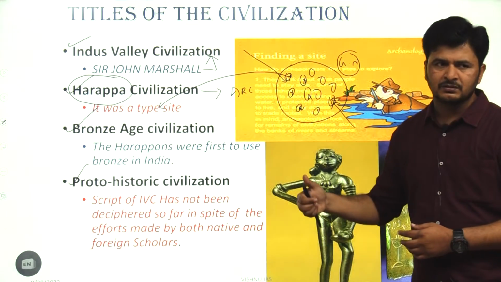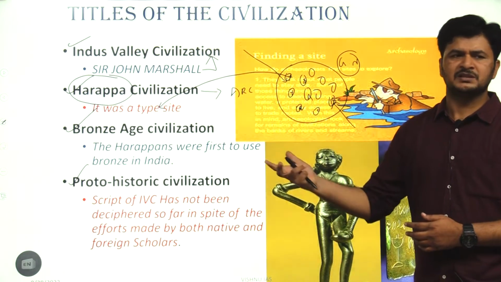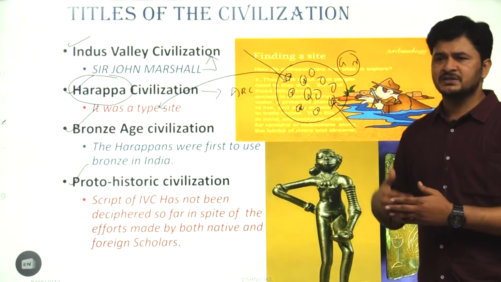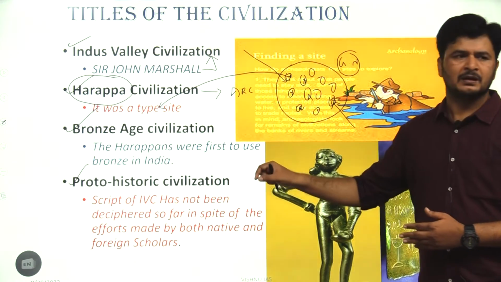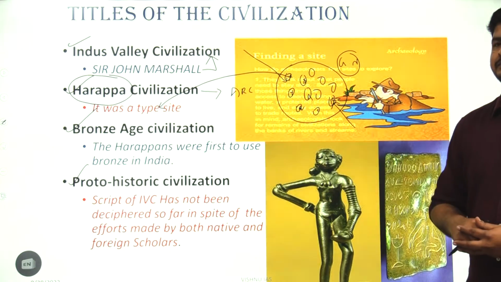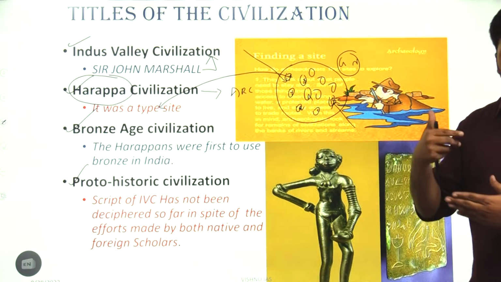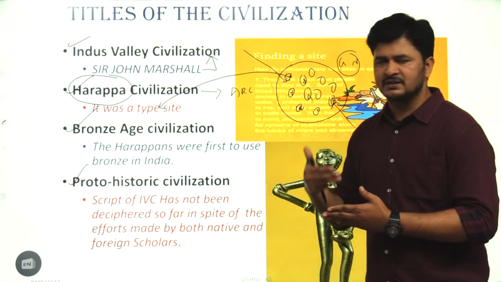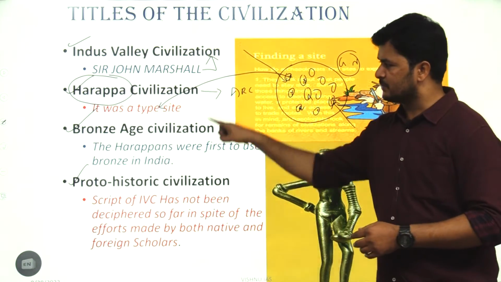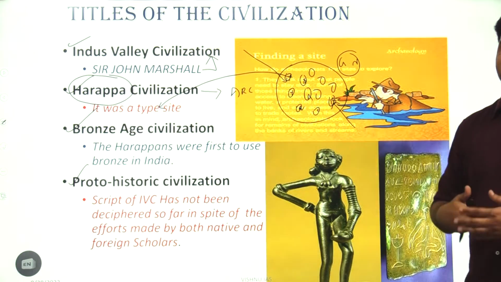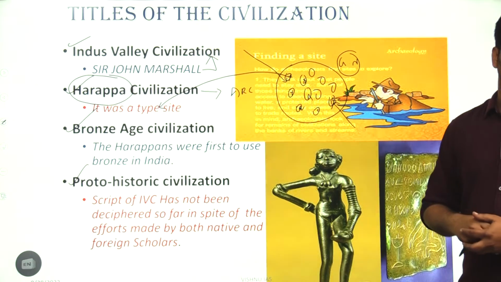The answer is yes. Whatever site, it must be discovered by archaeologists for the first time. Be it the largest site or the smallest site, keep aside, it must be the first site. So, Harappan civilization according to archaeologists.